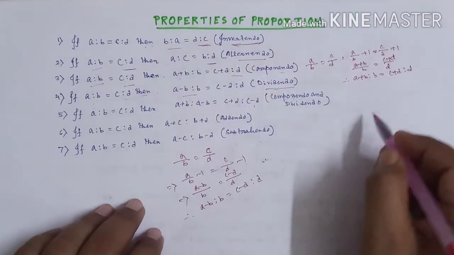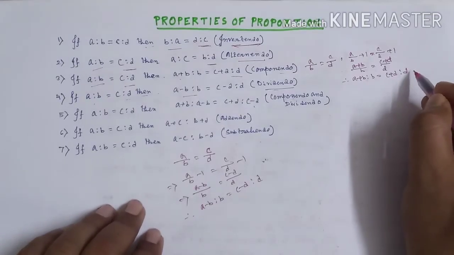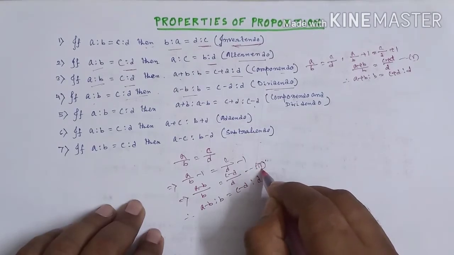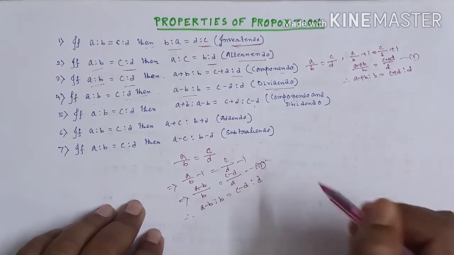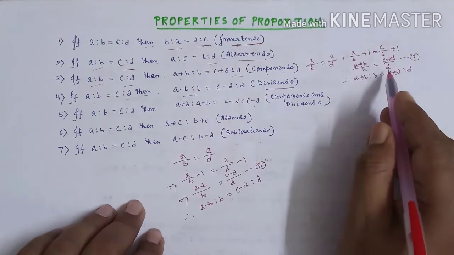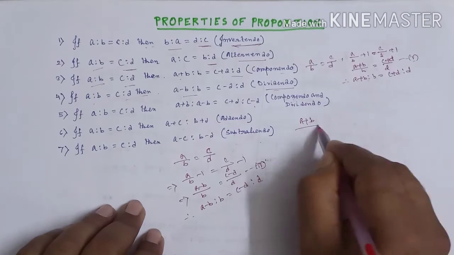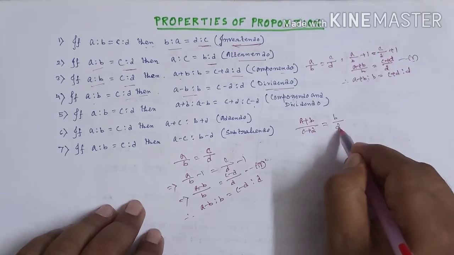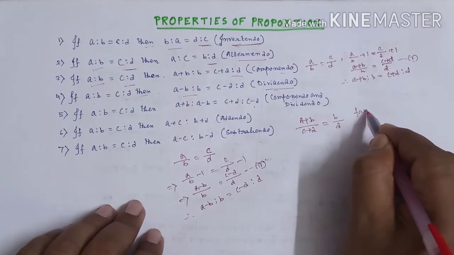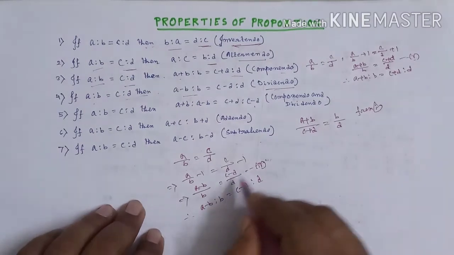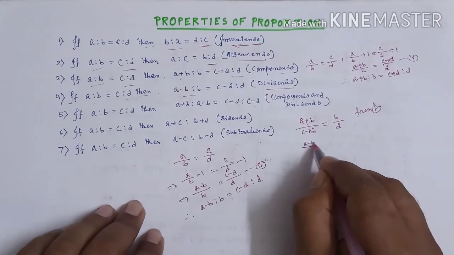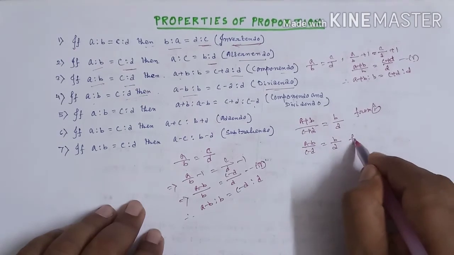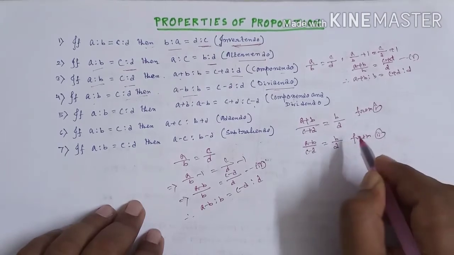So now we see that it is number 1 and it is number 2. Then what should we get? From number 1 we get A plus B by C plus D equal to B by D, that is form 1, and from number 2, A minus B by C minus D equal to B by D, that is form 2.